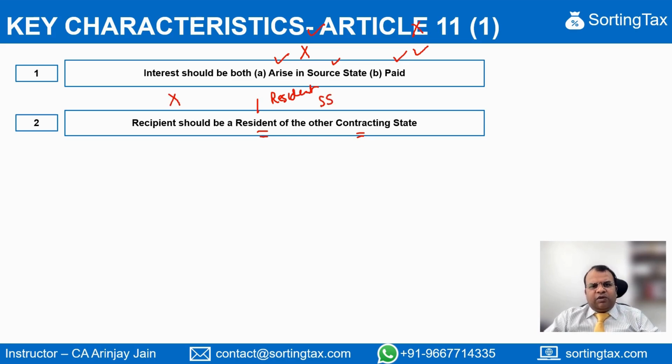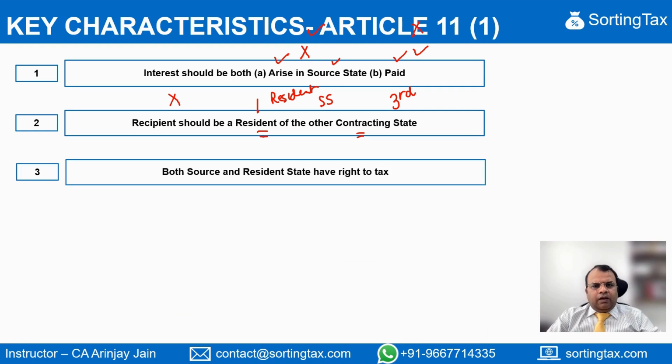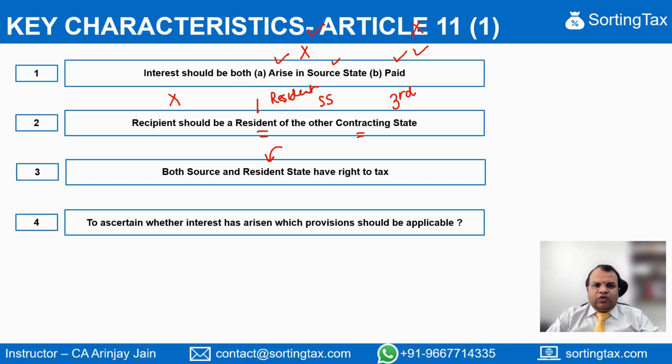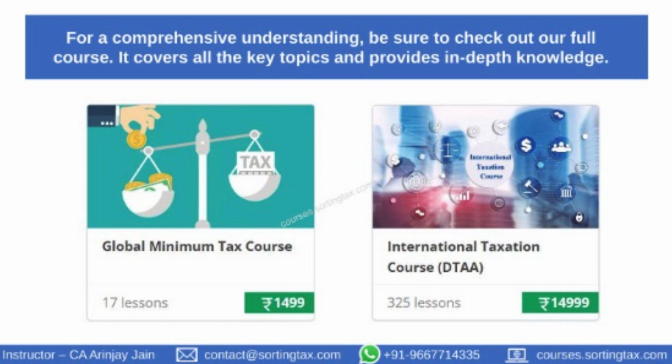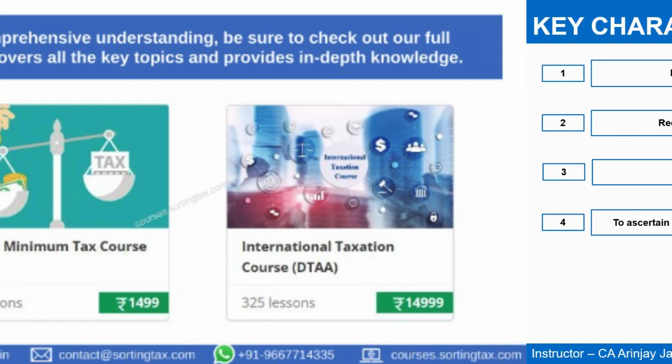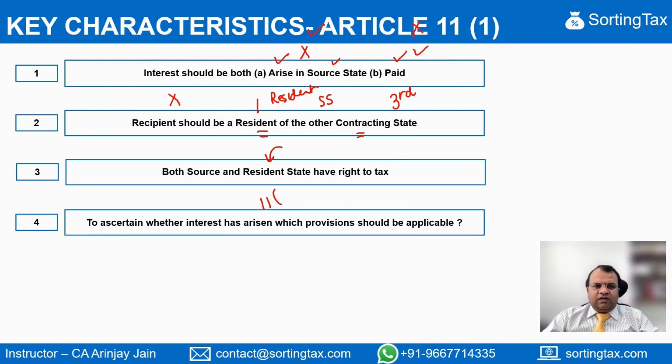If the recipient is a resident of a third state, even then this provision is not applicable. Both the source state and the state of residence have the right to tax. There is no exclusive right given to the state of residence to have taxing rights over this interest income. And to ascertain whether interest has arisen, the provisions of Article 11(5) have to be interpreted.